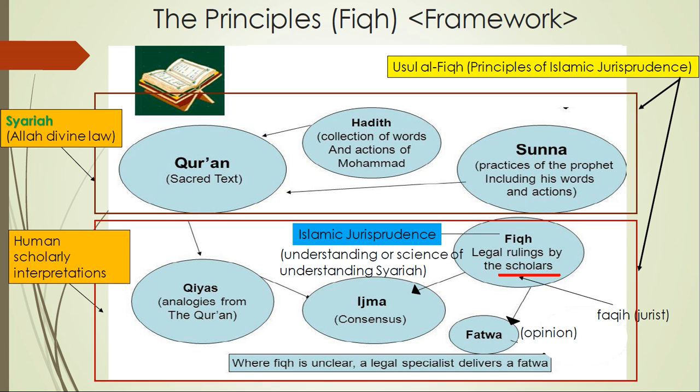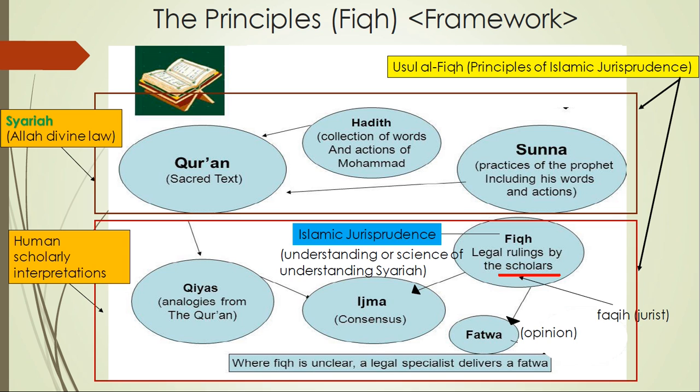If you look at this slide, you will see the overall makeup of the principle of faith, meaning jurisprudence when it comes to Islam. We have the first one.